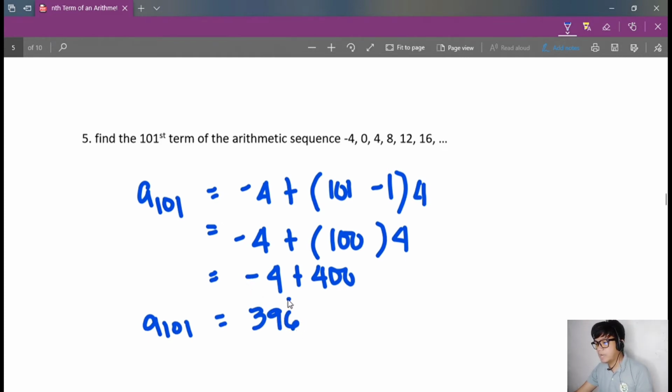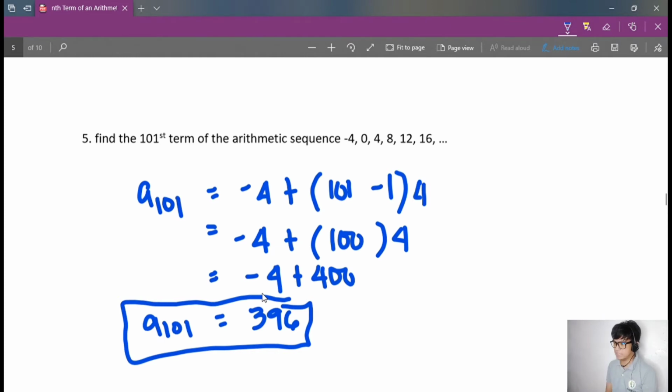So, our 101st term of the arithmetic sequence is 396. So, imagine, malaking tulong talaga yung formula on finding the nth term of a given arithmetic sequence.